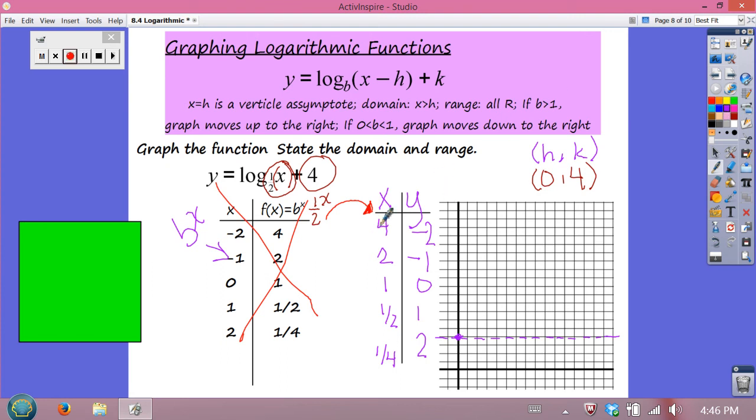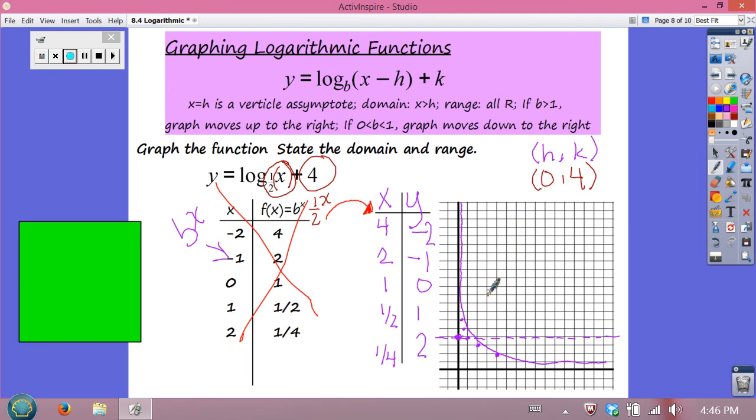So first we go (4, -2), (2, -1), (1, 0), (1/2, 1), and (1/4, 2). Draw your line. Try to get through the points anyway.